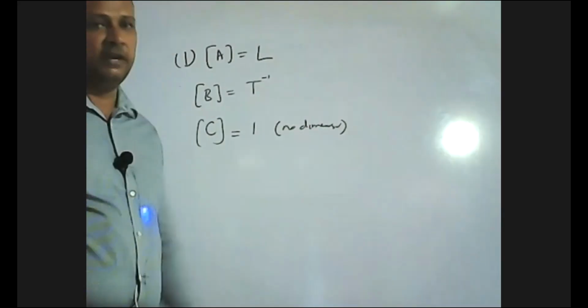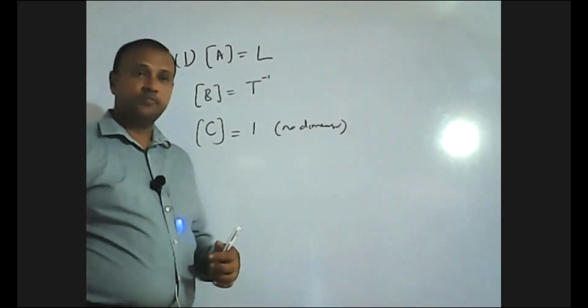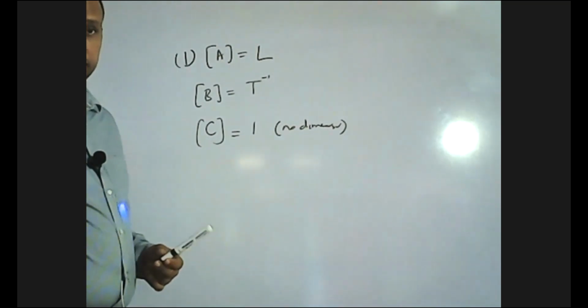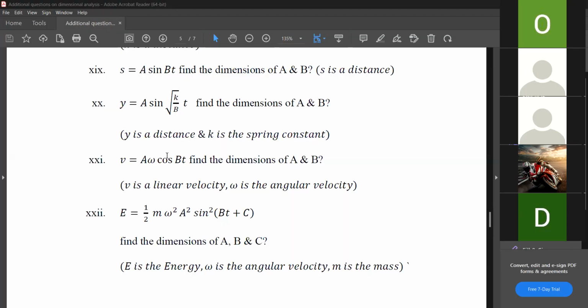Okay, I will explain. We are given this kind of equation: E equals half m omega squared A squared sin squared (Bt plus C).